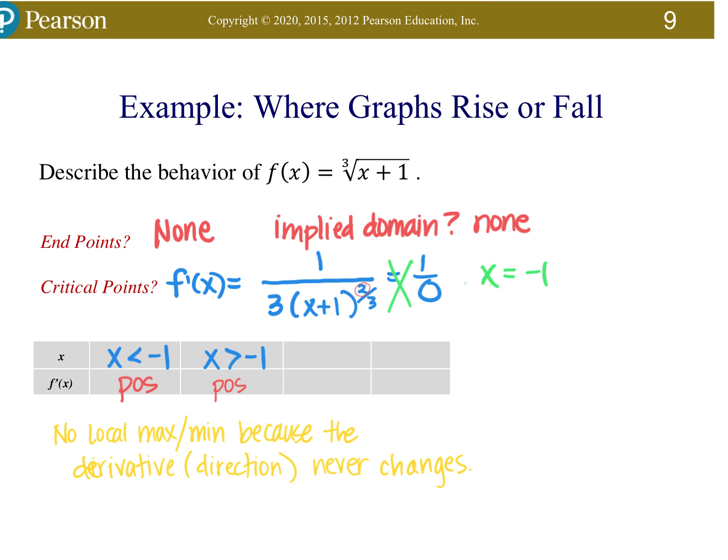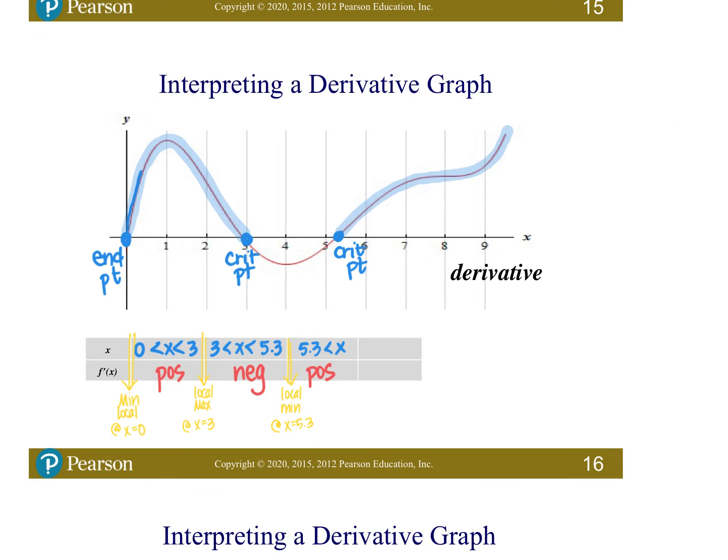If you have a chart to work with, you identify your endpoints and your critical points off of your chart. So either way, you're getting endpoints and critical points. Sometimes it's from an equation, sometimes it's from a chart. Once you have those, you make your chart for it.